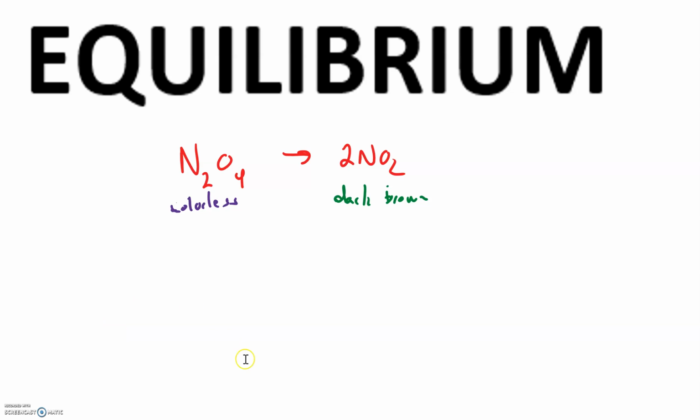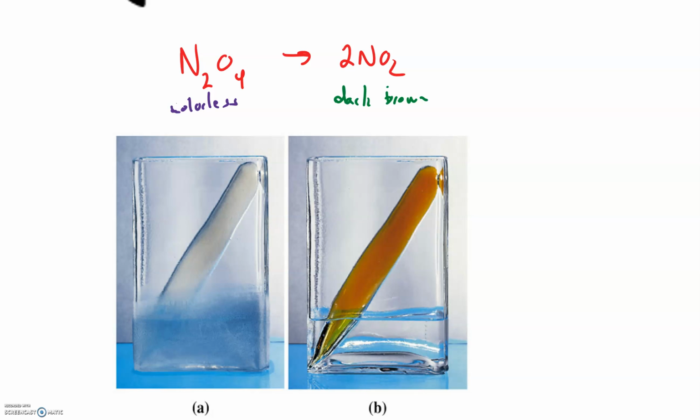And you get something that kind of looks like this. Of course, this is a sealed container. This vessel is sealed. And here is our colorless N2O4, and this is our dark brown NO2. And a lot of people would look at this reaction and say, well, the reaction goes until all the N2O4 is used up. Now, that's not quite how it works.